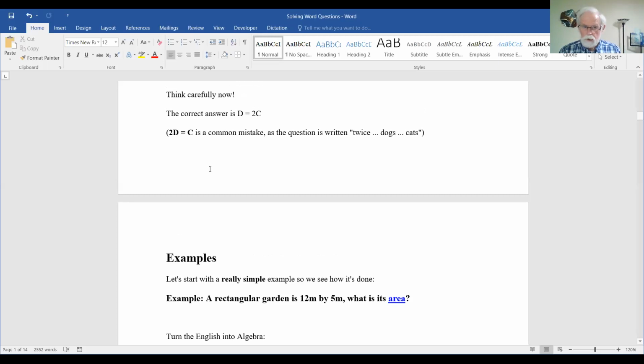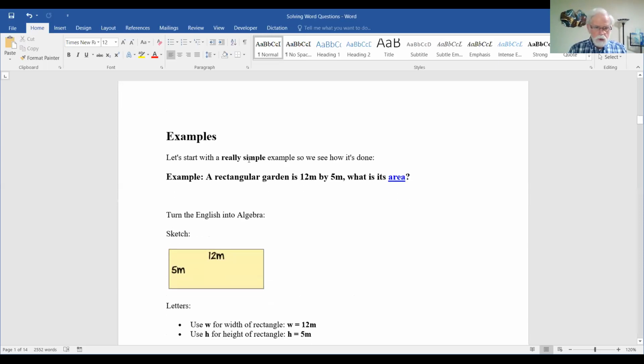And if we look at that carefully, the relationship here is the dogs are twice as many as the cats, twice as many dogs as cats on the street. So we're looking at establishing a mathematical relationship between dogs and cats here.